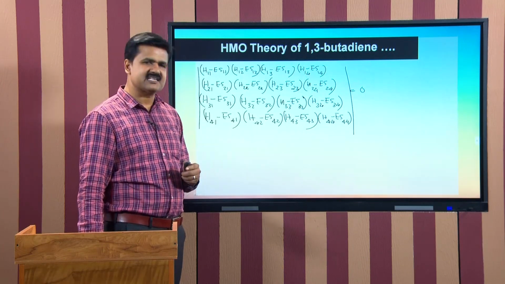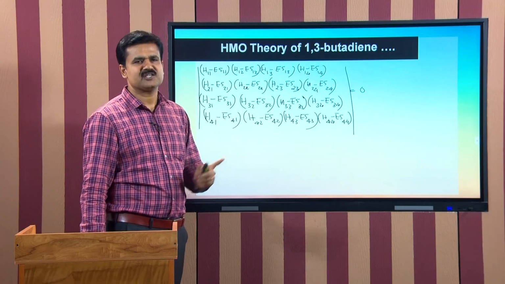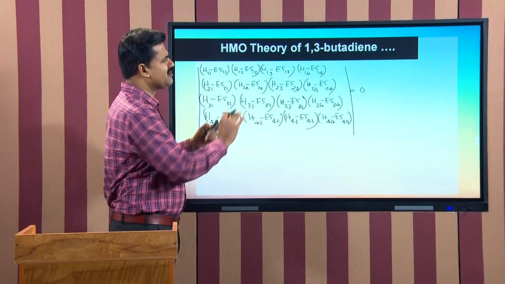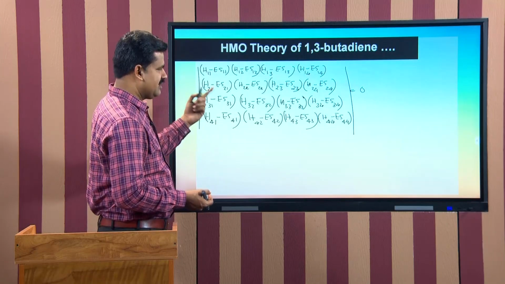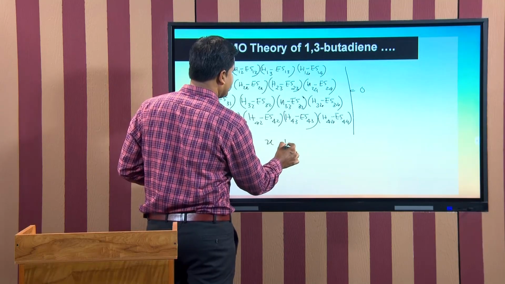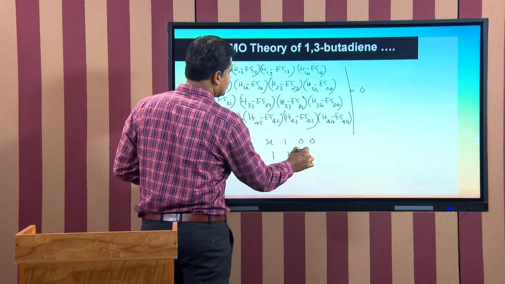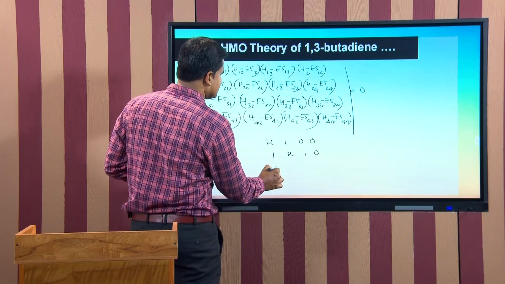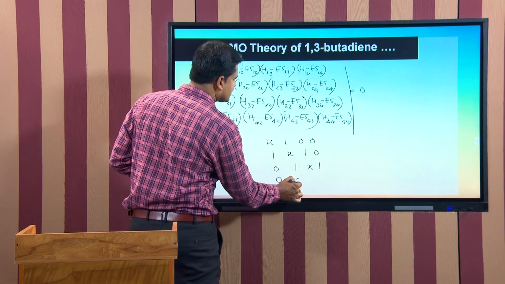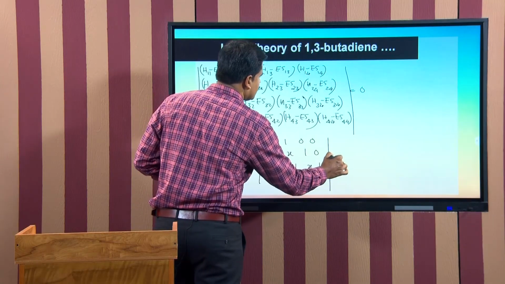As a further simplification, dividing each element by beta and making the last substitution that we mentioned earlier, (alpha minus E) by beta equal to x, we can simplify it further, and in the form of x, this determinant is like this: x 1 0 0, 1 x 1 0, 0 1 x 1, 0 0 1 x equal to 0.